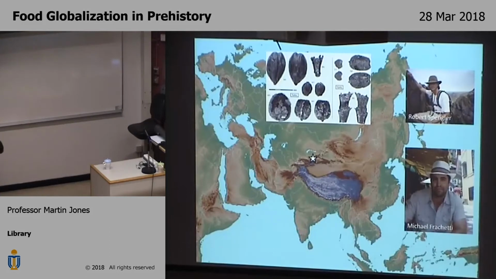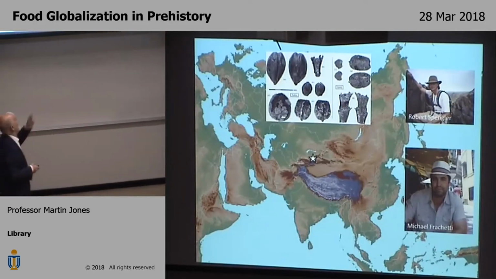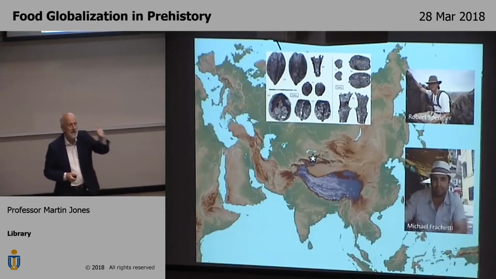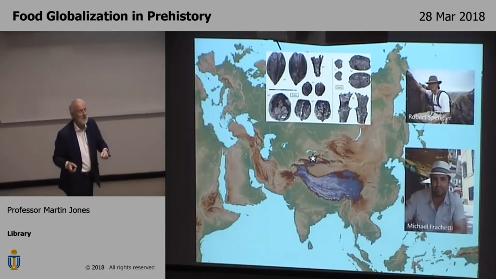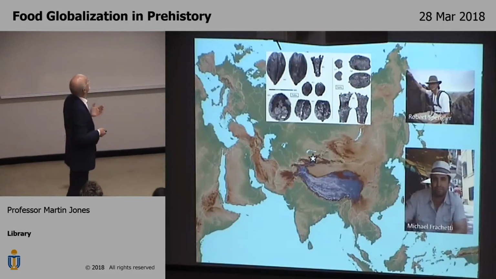So that's what the isotopes can do, and the whole thing is tied together in terms of those broad patterns you get from genetics and isotopes. The way you pin it down to places and dates is back to the basic method of flotation, finding these charred grains, which you can also directly date, and they're the ones in the end that tie it down on the ground.